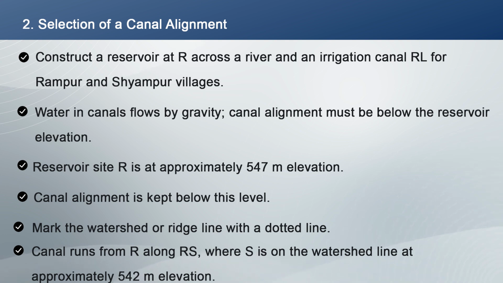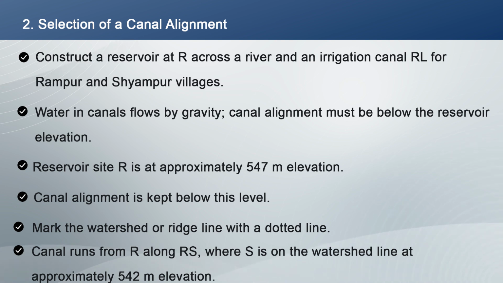We know that water in canals flows under gravity. From the contour map, see figure number 7, it may be noted that the elevation of the reservoir site R is 547 meter approximately. The canal alignment should therefore be kept below this level.